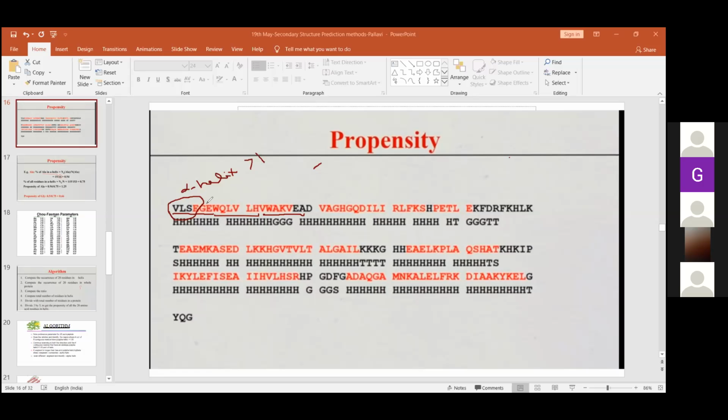And if the probability was more for beta sheet, then they will be said to be in beta sheet conformation. Then again, move on to the next. Overlapping segments आपको लेने पड़ते हैं and find out the probability of the next 6 amino acids. You will do a scoring of 4. जो मैंने अभी भी आपको बताई है, propensity values जो इस टेबल में दी हैं ये ऐड की जाती हैं, ठीक है?